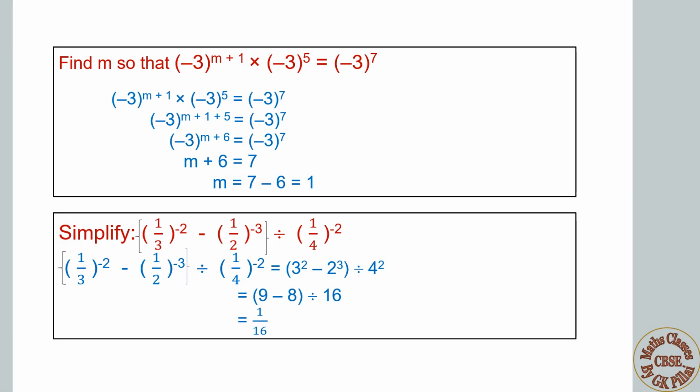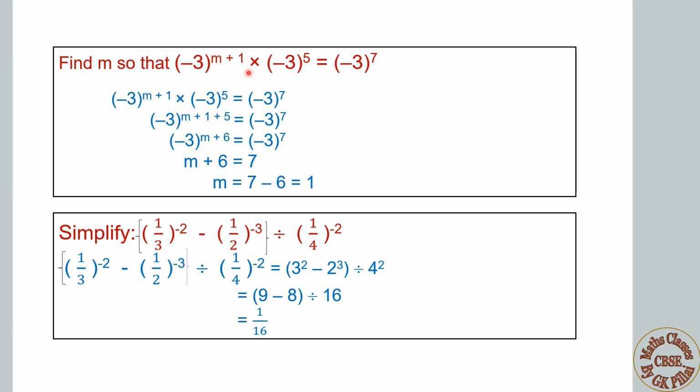Another important question, this type of sums you will definitely get in your exams. Find m so that minus 3 raised to the power of m plus 1 into minus 3 raised to the power of 5 equal to minus 3 raised to the power of 7. Bases are same everywhere.